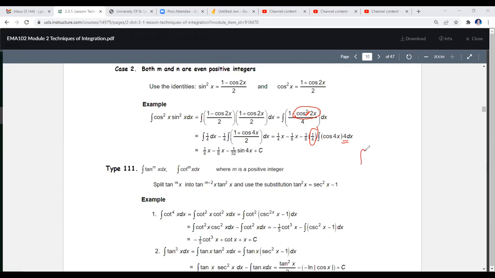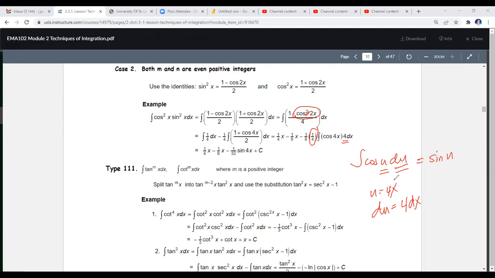It's because if you integrate a cosine of u du, you can answer sine of u if and only if the derivative of the argument of your cosine, which is u, is complete. So in this case, your u is 4x, the du of that is 4dx.